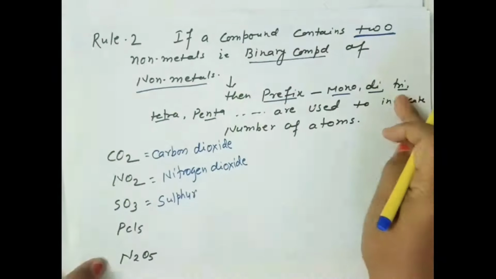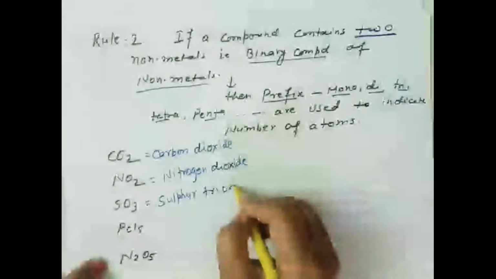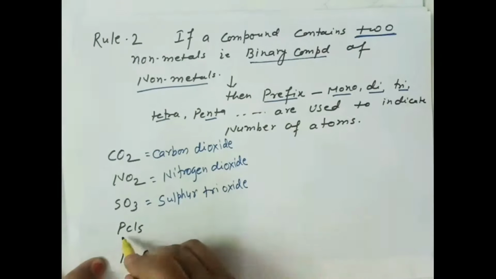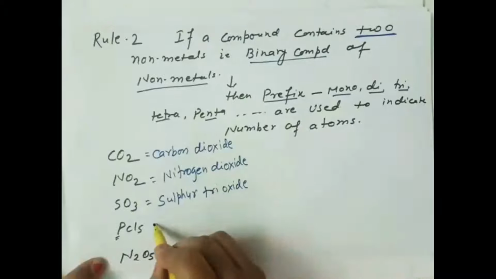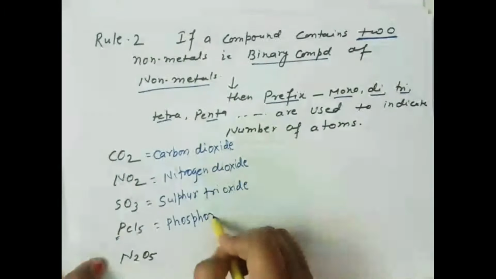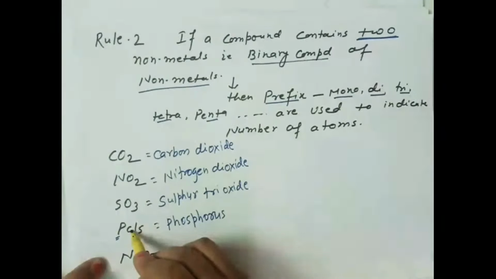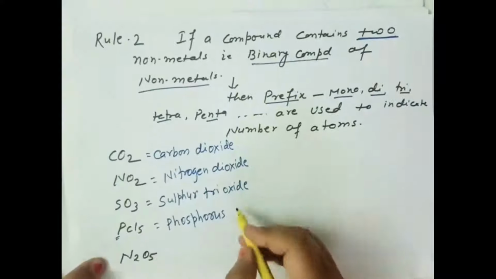So for 3 we will write trioxide. Here it is phosphorus. P is the symbol of phosphorus. So we will write here phosphorus. And 5 chlorine is here. For 5 we will write the prefix penta.